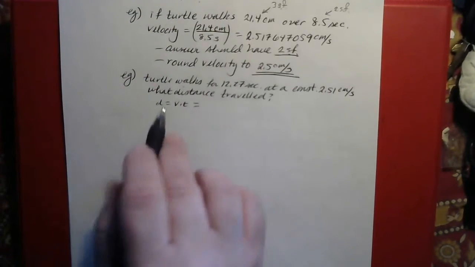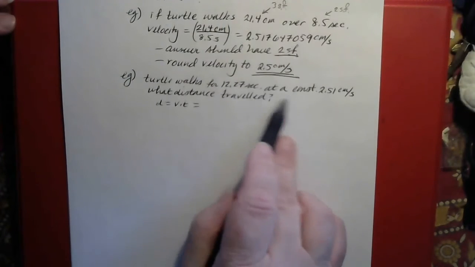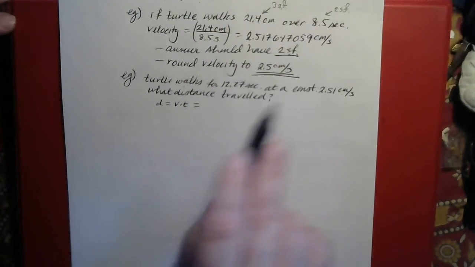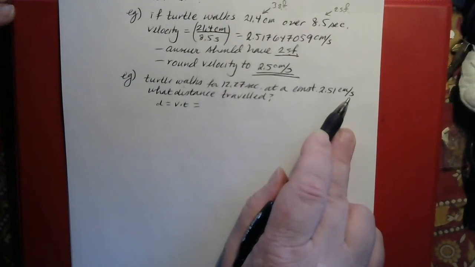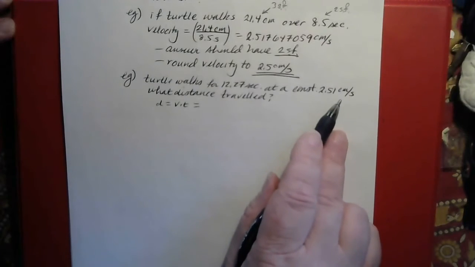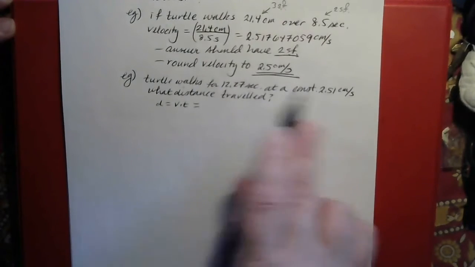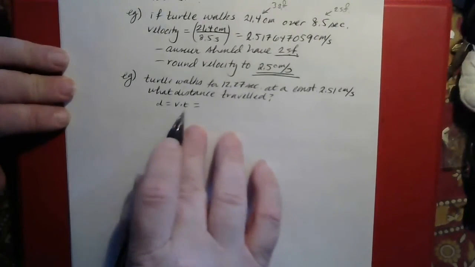In this case, we're asking for a distance, which would be a unit like meters, or maybe in this case, centimeters. And we're given centimeters per second and seconds. So how would you get centimeters out of that? Well, if you multiply them together, seconds will cancel and you get centimeters. And indeed, that is what you're supposed to do.